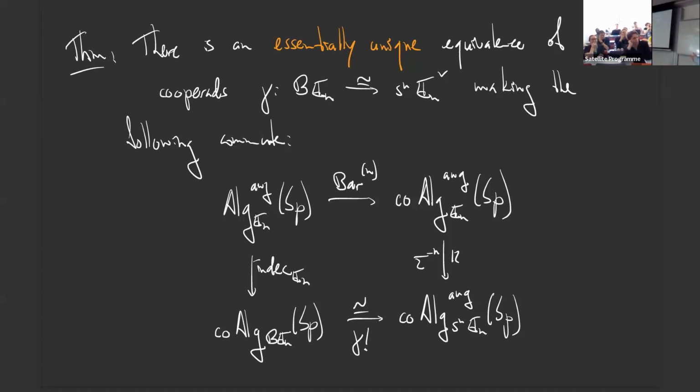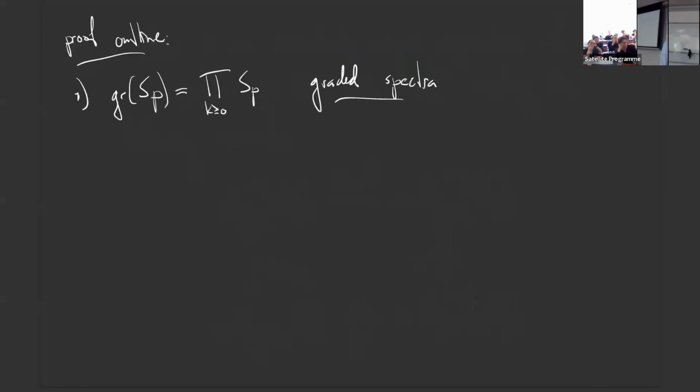All right, so let me try to indicate how the proof of this result goes. Let me stress that the nature of this proof is quite different from the existing ones. There's essentially no geometry in this proof. The existing proofs of the self-duality of En rely on things like the existence of the Fulton-McPherson compactifications of configuration spaces, and they have something to do with the geometry of those spaces.